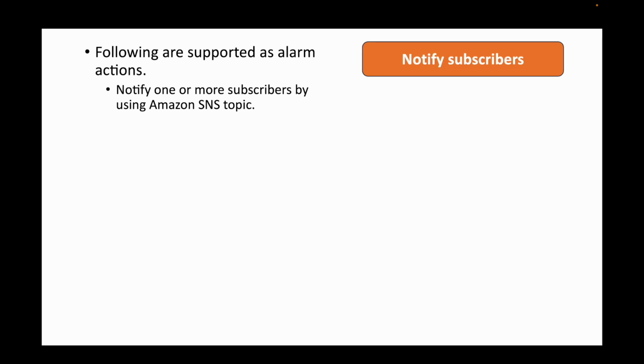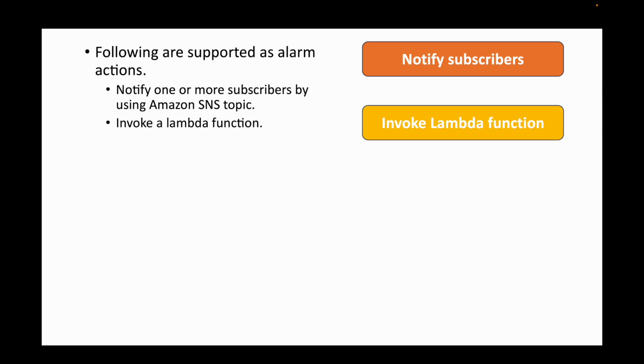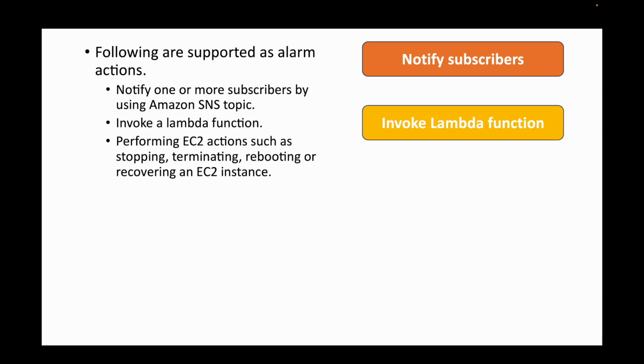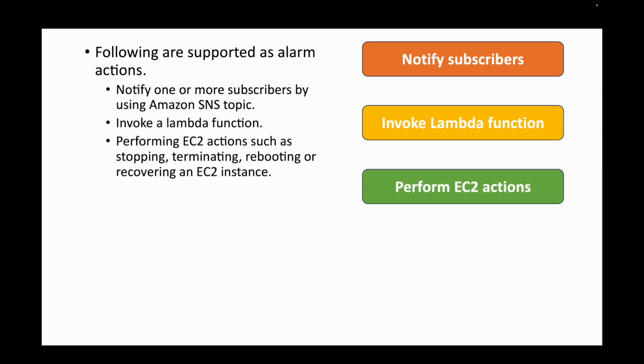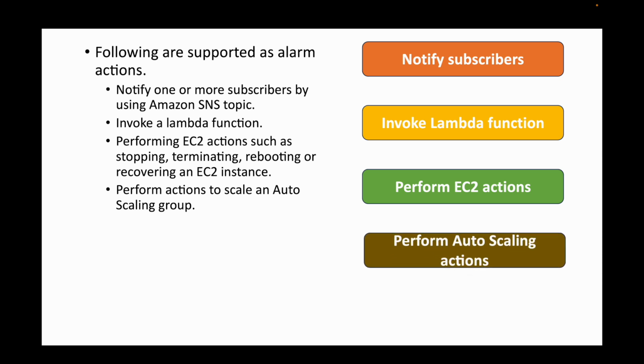All right. So following are the actions that are supported with your CloudWatch alarm. So we can send out notifications by utilizing the SNS service. We can invoke a Lambda function. We can perform some EC2 actions, which can be rebooting an instance, or stopping that instance, or terminating that instance. We can also perform auto scaling actions, which is to scale up and scale down.